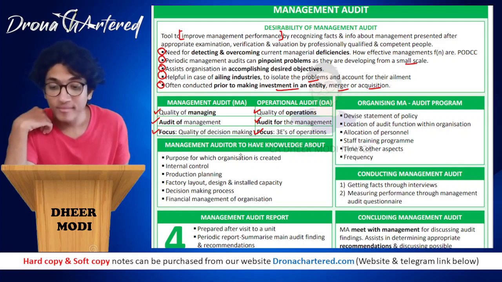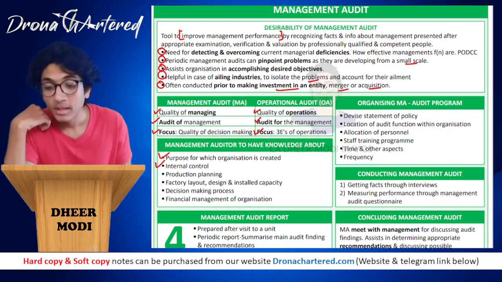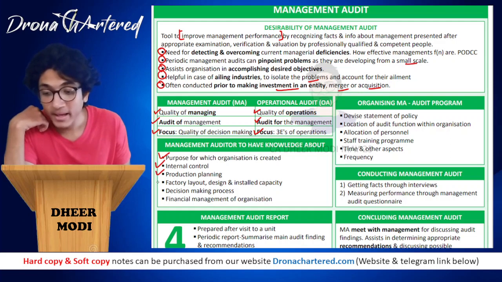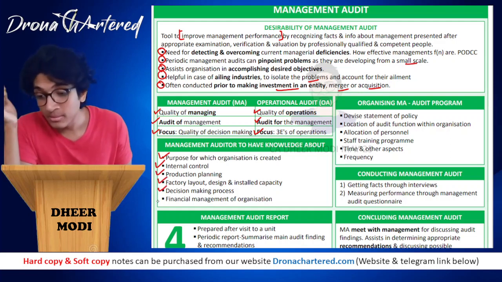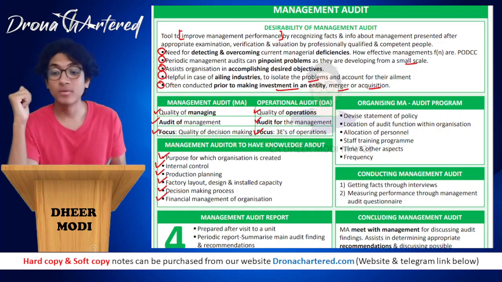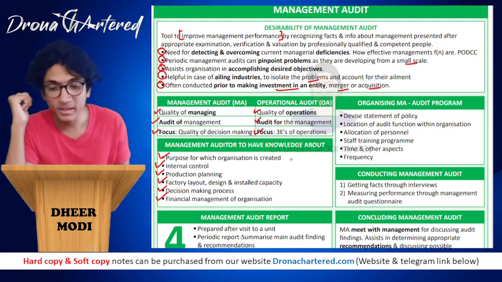The management auditor should have knowledge about the purpose for which the organization is created. If you are auditing the management, of course you need that information. Also the internal controls, production planning, factory layout design and installed capacity, decision making process and financial management of the organization. All of these points I have made into a PDF, don't worry, you will be getting those.